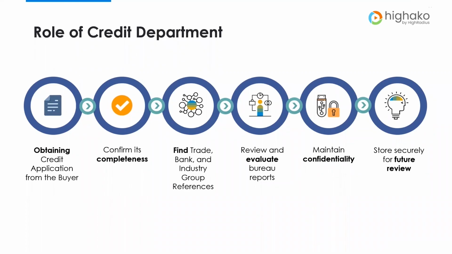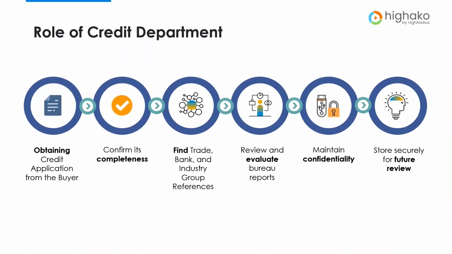Again, the key is once you get all of this, you maintain it in a confidential nature. It's not something you really share with sales, and you secure it so that if you need it in the future, let's say that there's a great relationship with a company and they've been buying from you at a fairly steady rate, and suddenly they want to place a much larger order, and it's something beyond the credit line that you've approved.